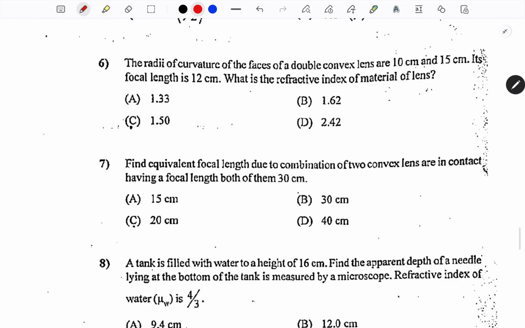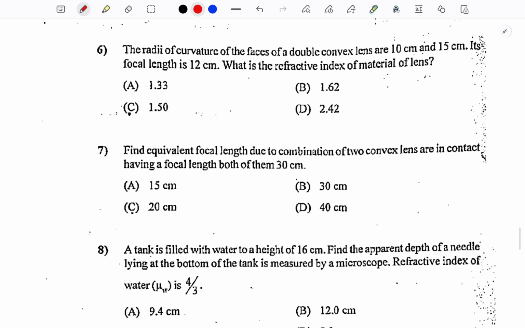Moving ahead to the next question, let's see. The radii of curvature of the faces of a double convex lens are 10 cm and 15 cm. Its focal length is 12 cm. The refractive index of the material is? Okay, a direct formula-based question.